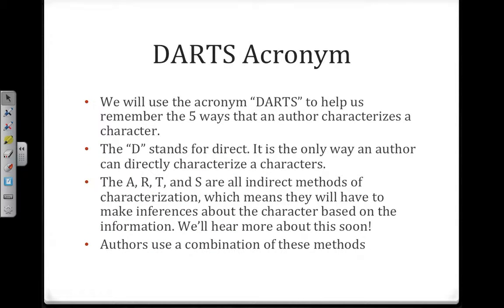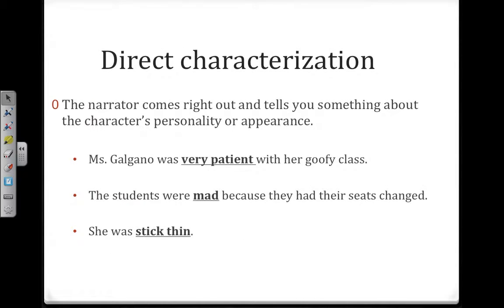So I like to use the DARTS acronym in order to think about the 5 ways that an author can characterize its characters. So the D stands for direct, and it is the only way an author can directly characterize a character. The A, R, T, and S are all indirect methods of characterization. So with the A, R, T, and S, you'll need to make inferences. Authors are going to use a combination of these methods whenever they characterize a character.